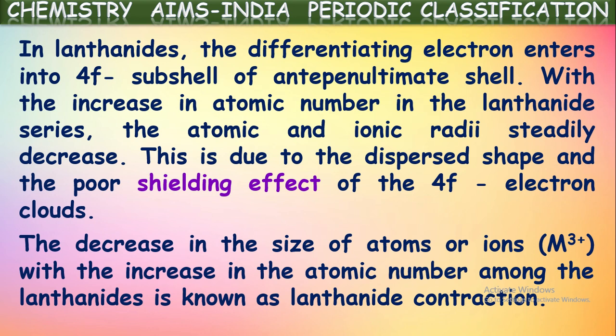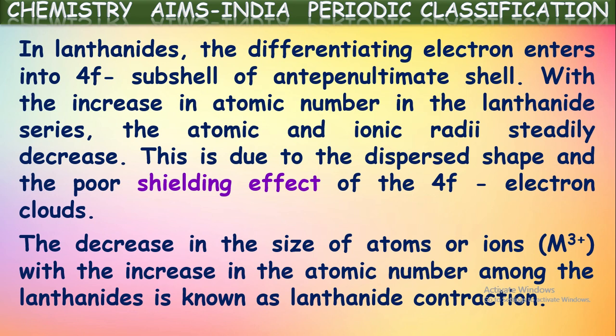With increase in the atomic number in the lanthanoid series, the atomic and ionic radii steadily decrease. This is due to the dispersed shape and the poor shielding effect of the 4f electron cloud. So what is happening in the lanthanides? The last electron or valence electron is entering into the 4f subshell.